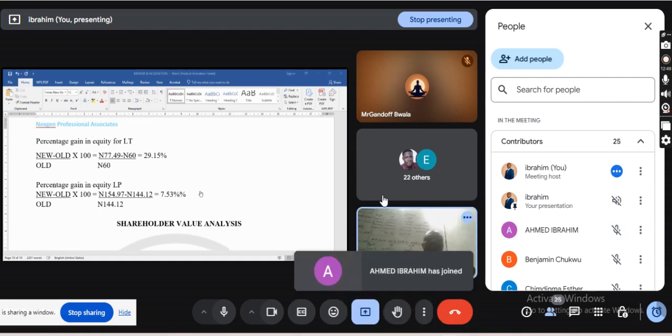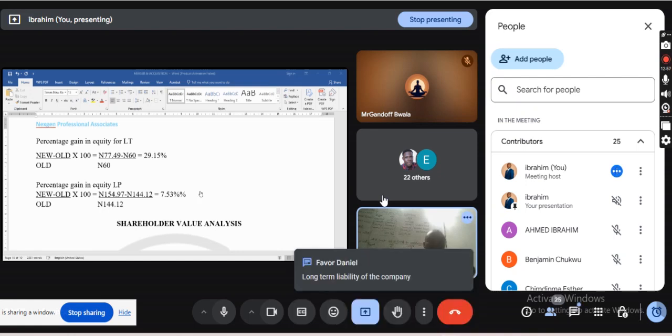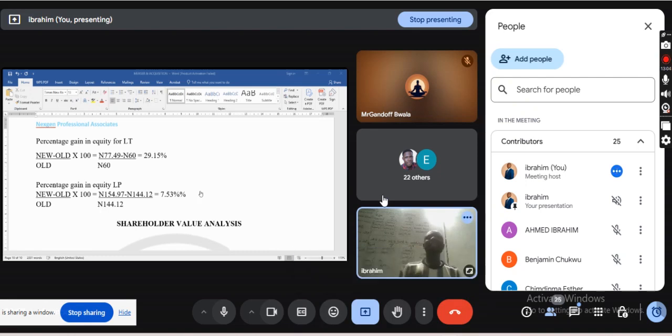Now, we could say increase in working capital. Don't forget that the concept of shareholder value analysis is still explaining a form of valuation.